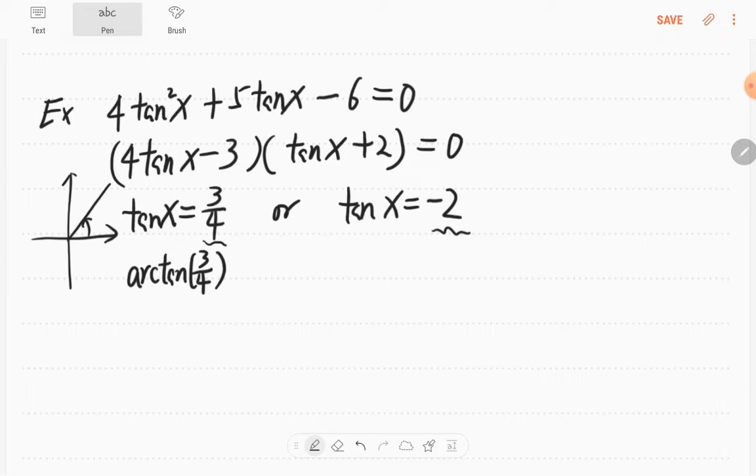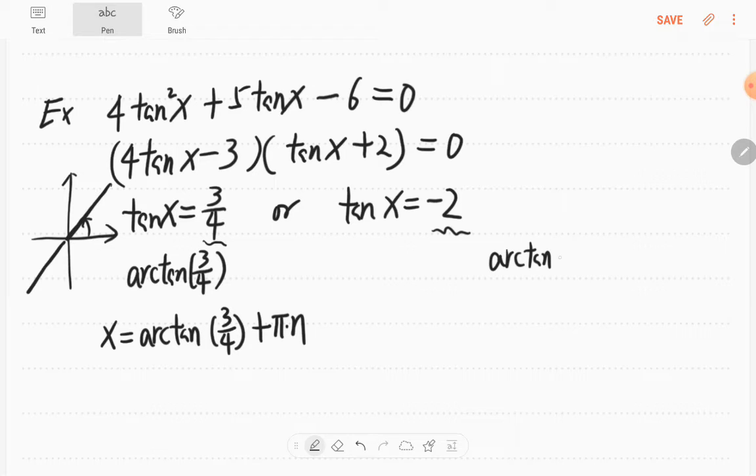Actually, so we can have x is equal to arctangent of 3 over 4 plus n times pi, which is this side and this side, right? So you include everything for this part. And for this part, we know we have arctangent of -2.